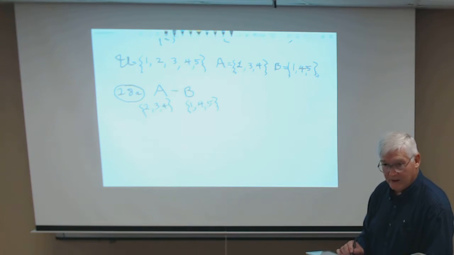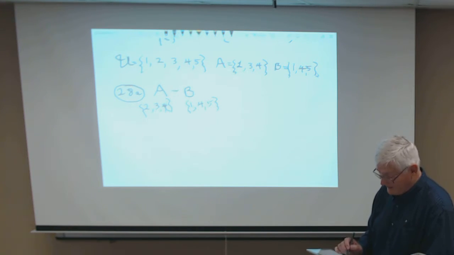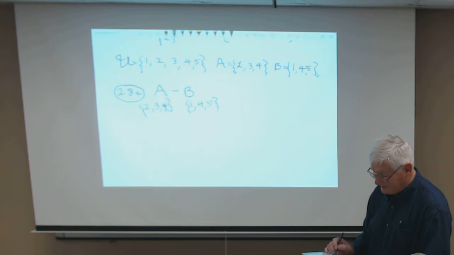Is there a 1 over here? So I can't do anything. Is there a 4 over there? So I take the 4 away. Is there a 5 over there? I can't take a 1 out because there's not a 1 to take out. I can't take a 2 out because there's no 2 here.